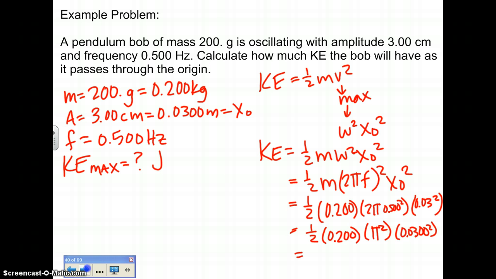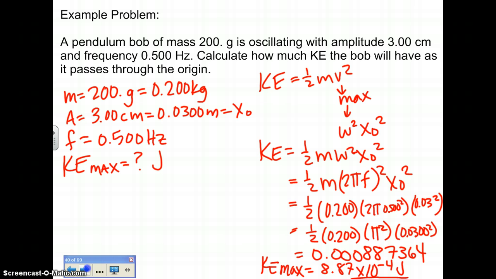Putting that into your calculator, please check that out and see if you guys are getting the same thing, okay? So once you get that, then you can say that your KE max is, let's check out sig figs, 1, 2, 3, 1, 2, 3, 1, 2, 3, 8.87 times 10 to the -4 joules. That's what your maximum kinetic energy is going to be at that point.